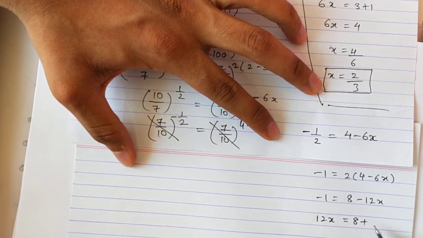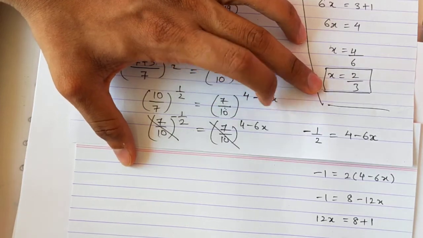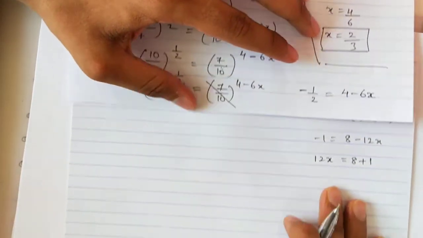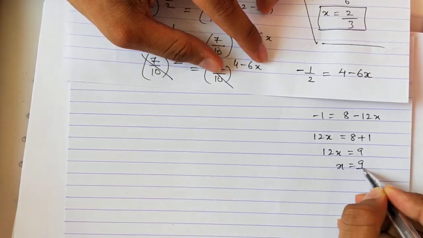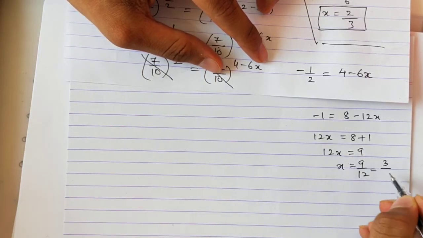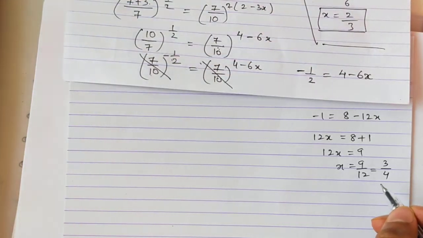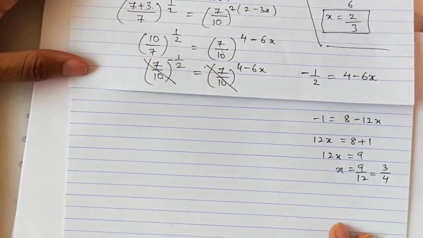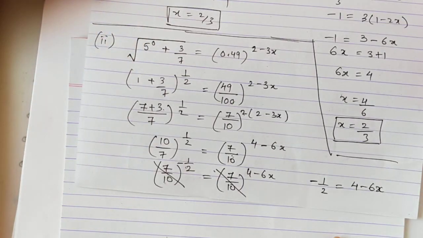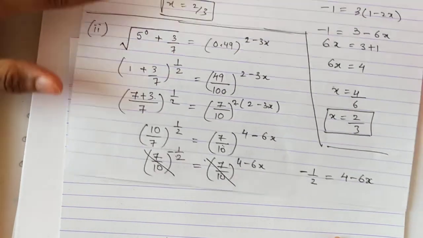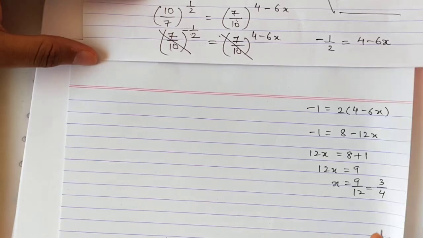Minus 1 goes there and becomes plus 1. So I get 12x is equal to 9. X is equal to 9 upon 12, that is 3 upon 4. 3 upon 4 is the final answer. I hope you have got it. Copy this first, then copy this part.